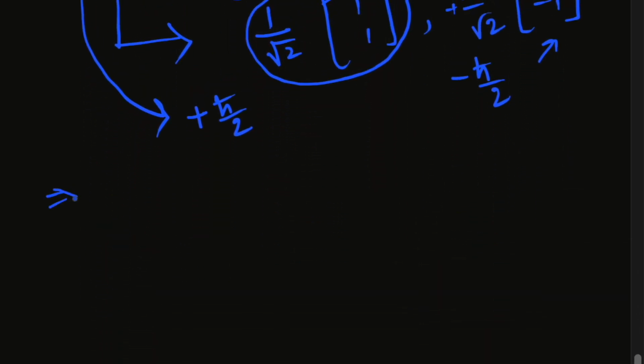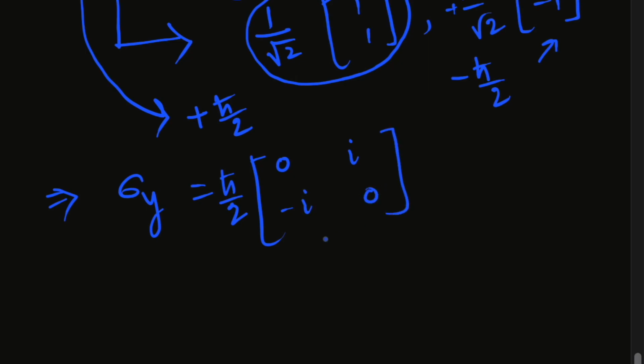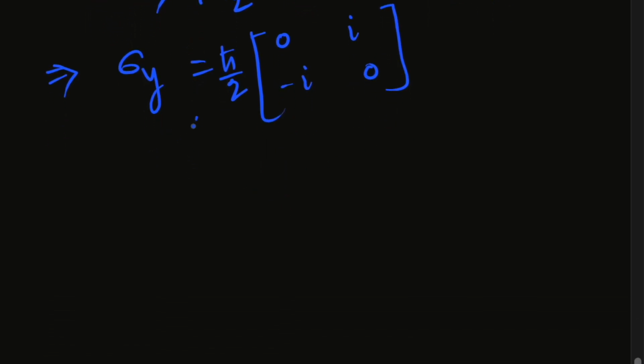Similarly for sigma y, the representation in matrix form is h cut by 2 [0 -i; i 0], and the normalized eigenvectors are 1 by root 2 (1, i) and 1 by root 2 (1, -i).